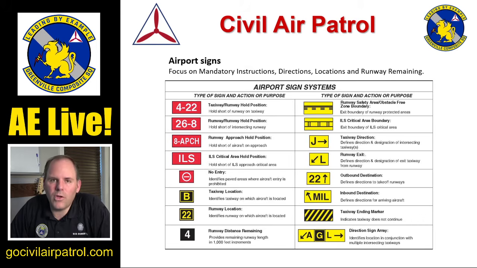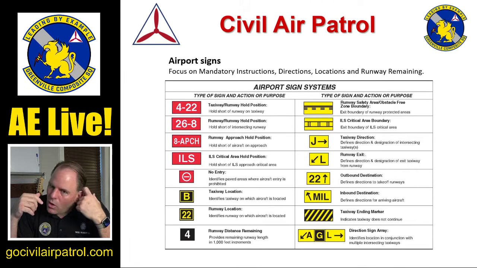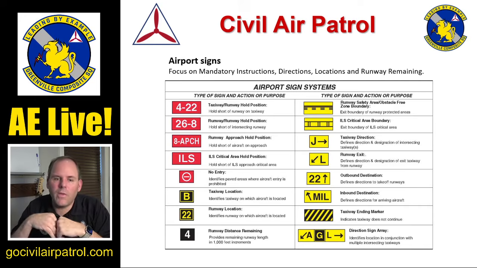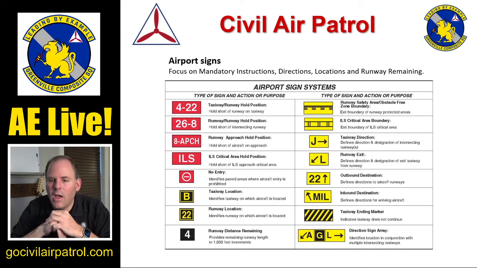And so if you just relied on the markings on the ground, then if you got snow or ice or something, you wouldn't be able to see it. So they have to put the signs up. And one of the things that they'll make sure that they do a really good job of is they'll make sure that they keep those signs clear. So even if it's snowing outside, you may not be able to see the ground, but they do a really good job of making sure that you can see the signs.